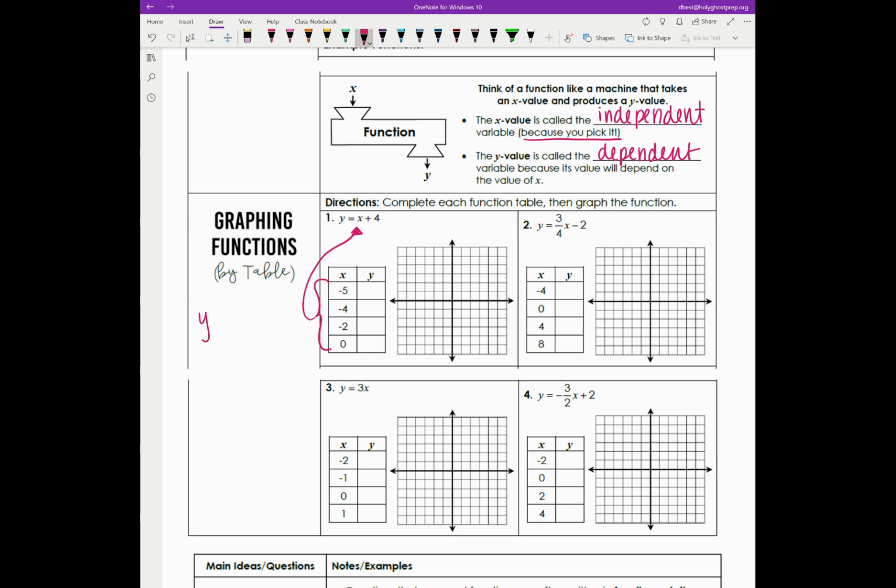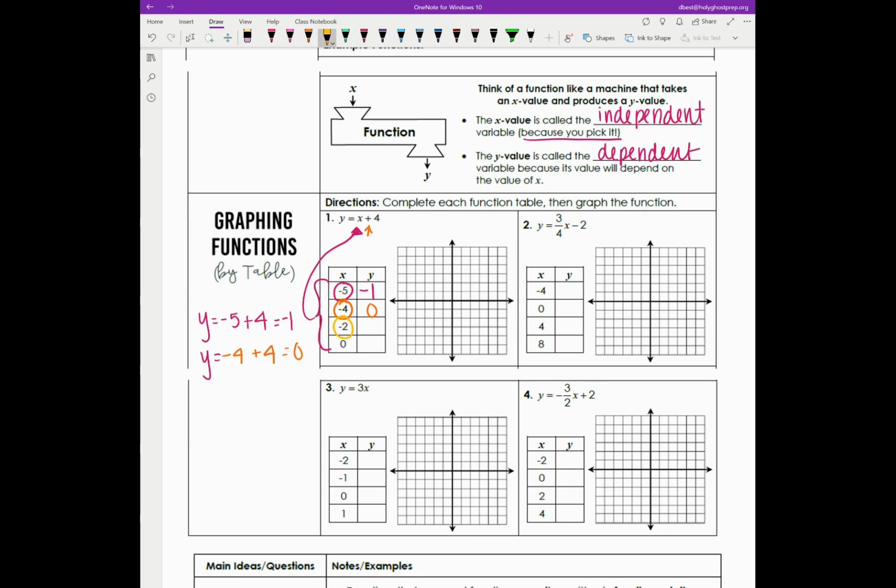So y equals, now instead of x, -5 from my table plus 4. And that gets me -1. So my y value for -5 is -1. Then I'm going to go down my table and continue the same thing. This time I'm going to plug in -4, and it's still plus 4 from the equation, which is 0.